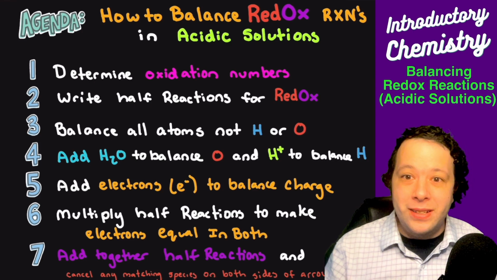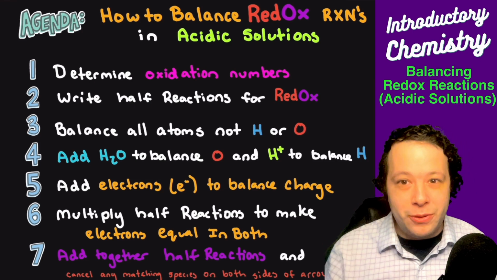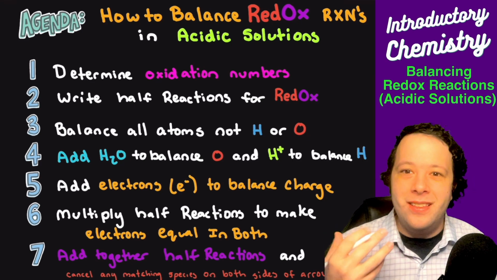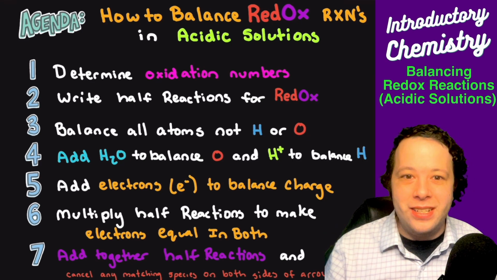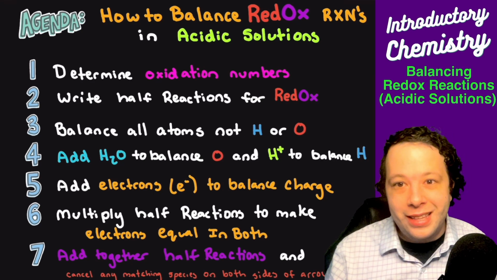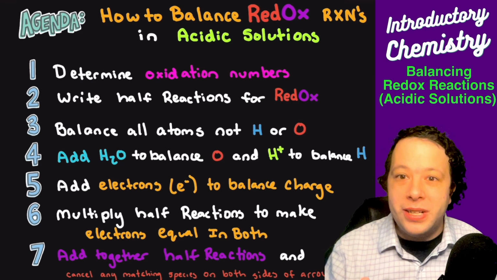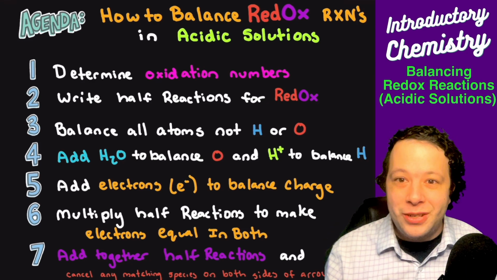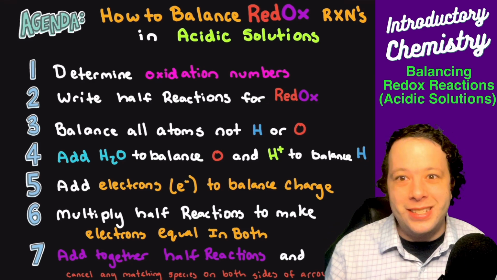Then we will balance the oxygens by adding water, then the hydrogens by adding H+, then we'll balance the charges with electrons, and then we will go through the half reactions, combining them and canceling anything that is similar. We're going to go through this step by step on the problem I showed above. Let's get into our first step, identifying the oxidation numbers.